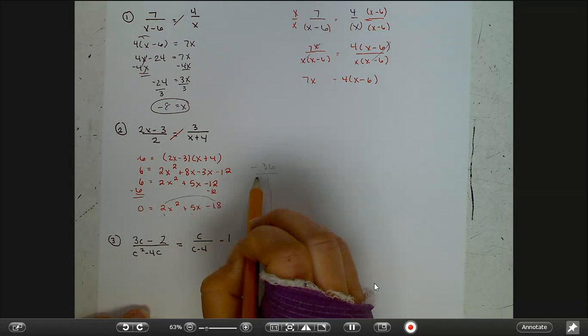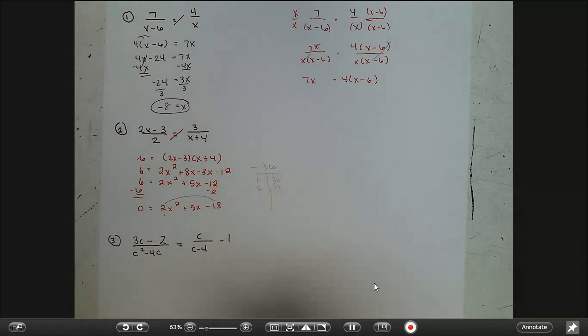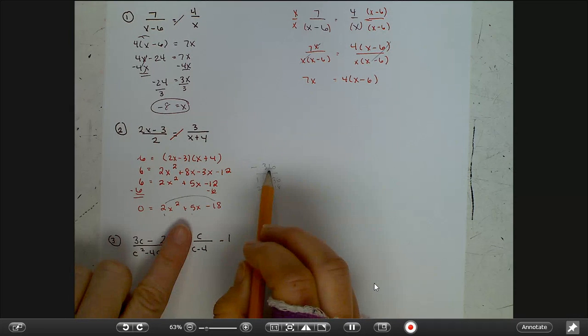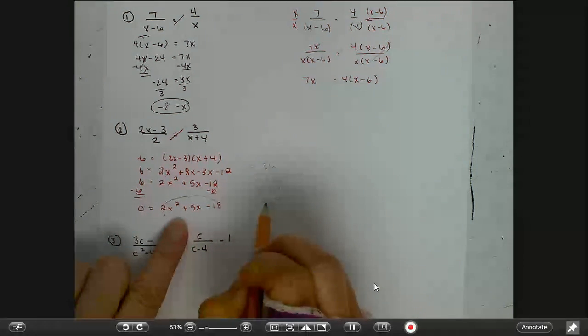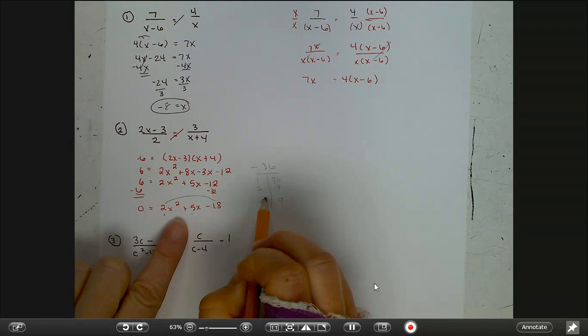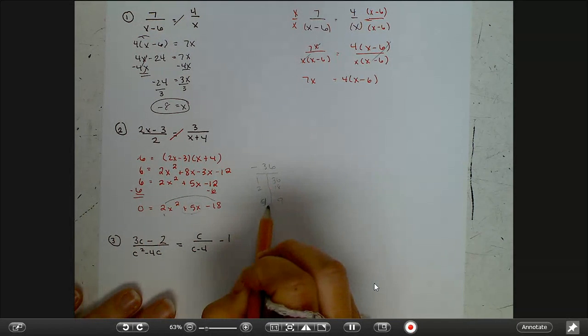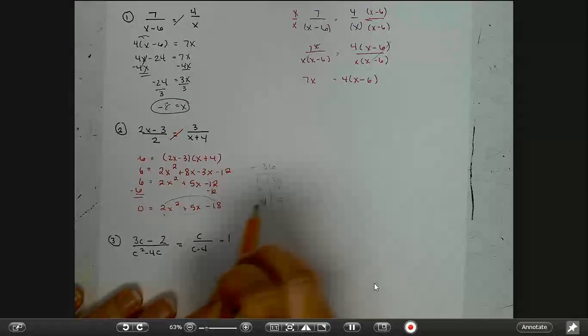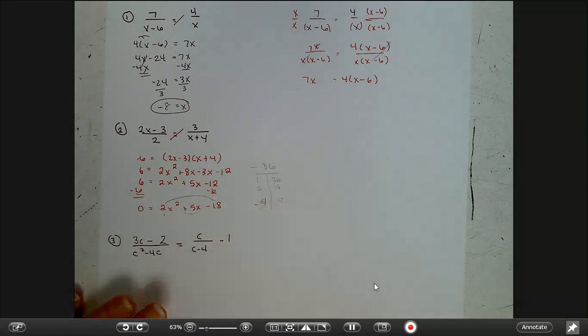Now you can do the whole chart like this, or in my head, I know that 36 is 9 and 4, sorry. And that one popped out at me right away because that middle term is 5x. Since this is negative, 1 has to be negative. Because this is positive, the small one will be negative.